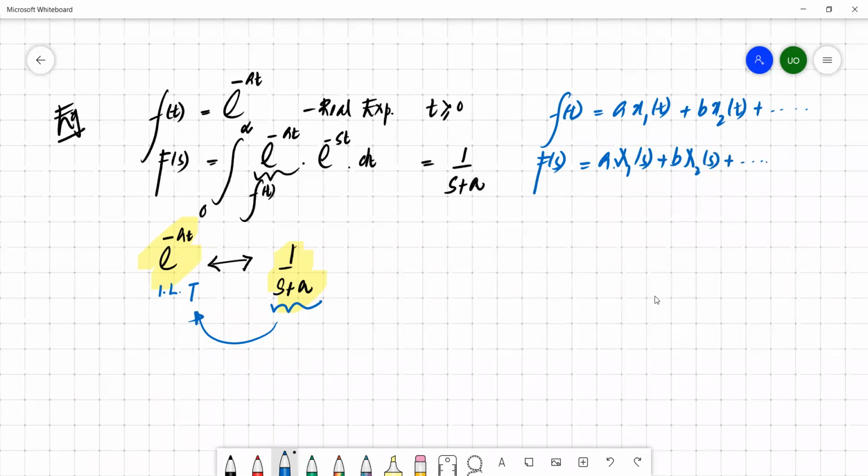So the linearity in time domain is also preserved in S domain.